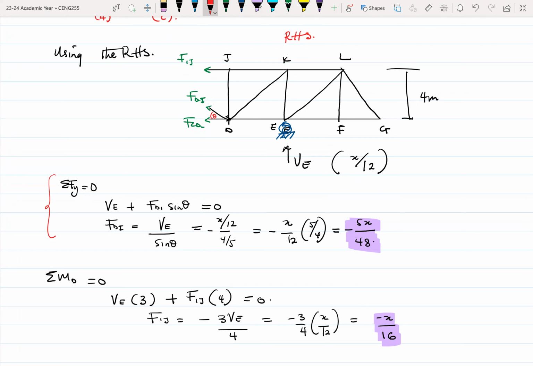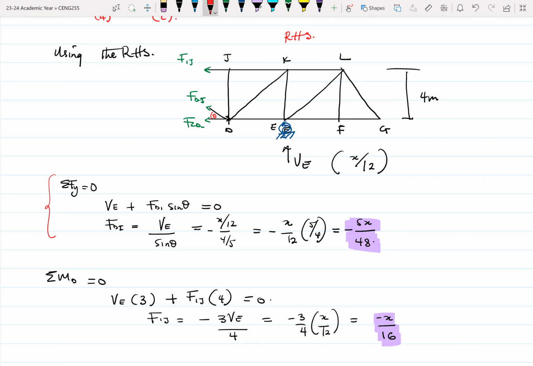FDI is inclined, which means that FDI has both a horizontal and a vertical component. All right. VE is strictly vertical. So I looked at the vertical component of FDI, which will be going upwards. So both FDI vertical component and VE are all moving upwards. So they are in the same direction.